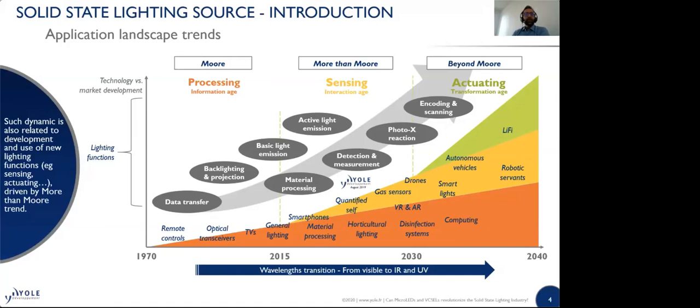Good examples are related to the current situation and the use of ultraviolet light for disinfection purposes. I think you have all heard about robots, for example, implementing UV light in order to disinfect hospital rooms and so on. For infrared, it's much more related to sensing applications, and the main driver here is the smartphone, but also the automotive market segment, as we are going more and more toward autonomous driving in this field.